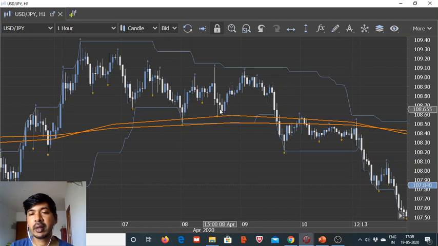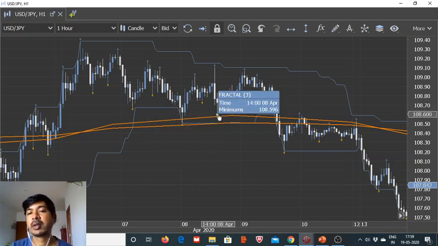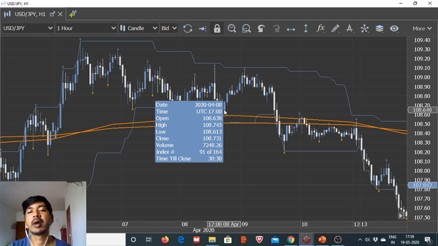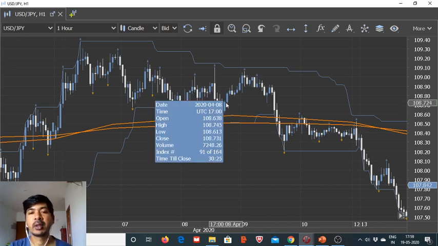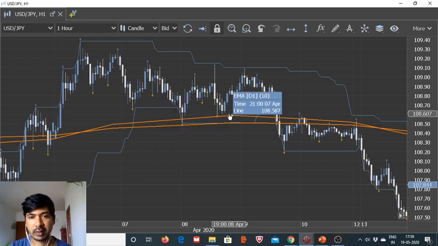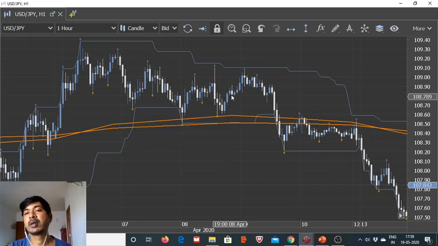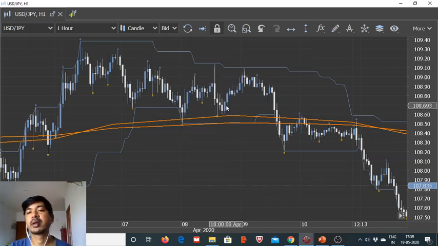And then the next fractal will be formed on this 14 GMT on the 8th of April. So here again we can check for the condition, and after 3 hours have passed, we can again place a fresh order, and it seems it's not going to be fulfilled, and the price will straight away jump toward this 109 level from this condition.